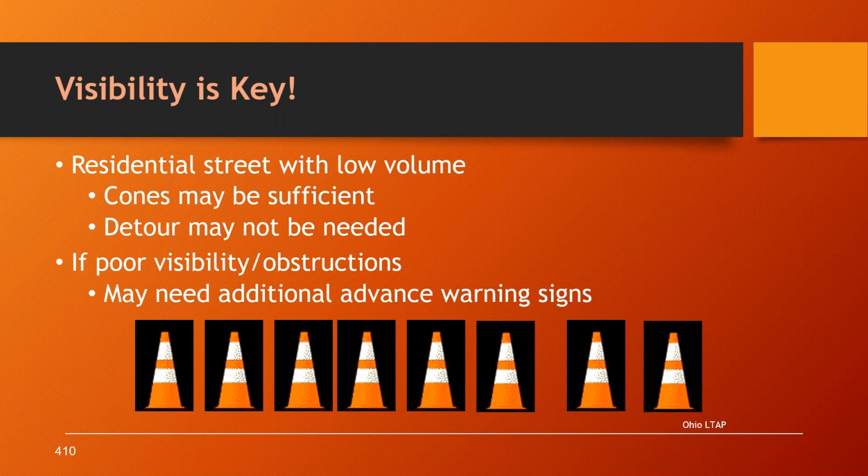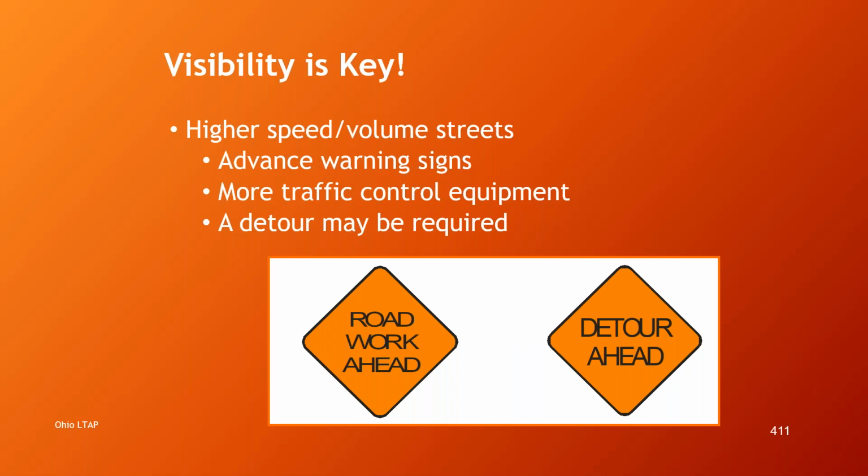And if poor visibility or obstructions, you may need to add additional advanced warning signs. For our higher speed and higher volume streets, we need to add more control, we have to add some advanced warning signs and more traffic control equipment, and a detour may be required.